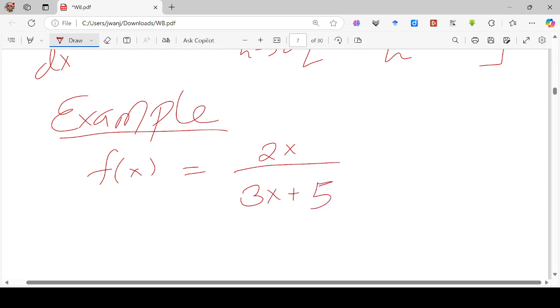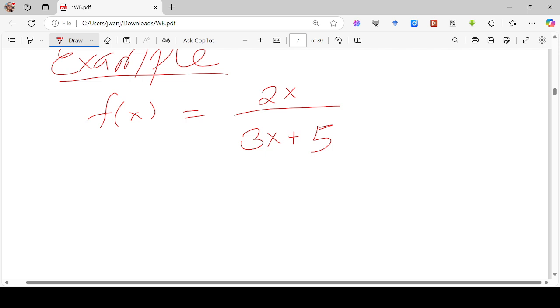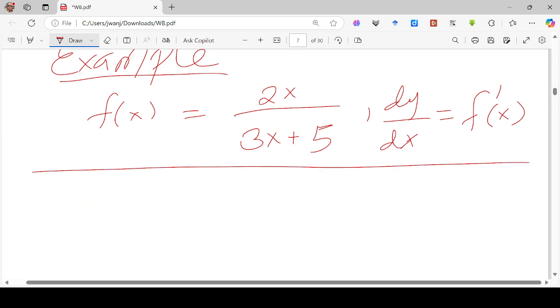The problem is to use first principles to find the derivative dy by dx, which we shall be denoting by f prime of x. So we want to use first principles. So we state the method.